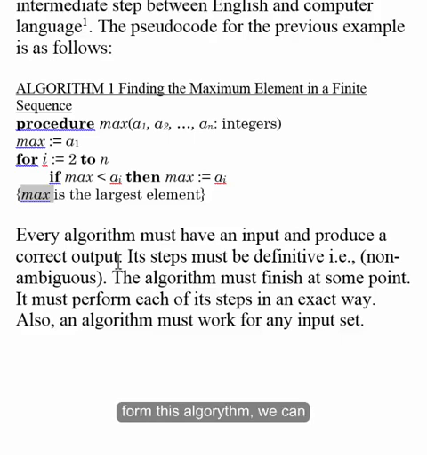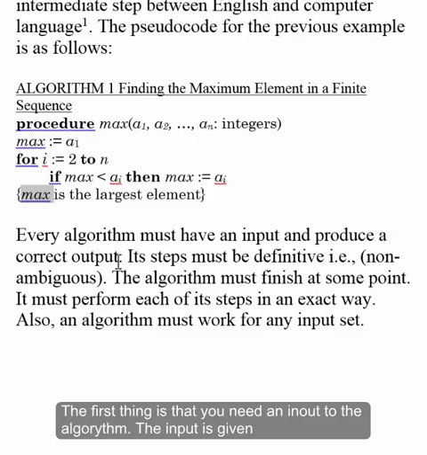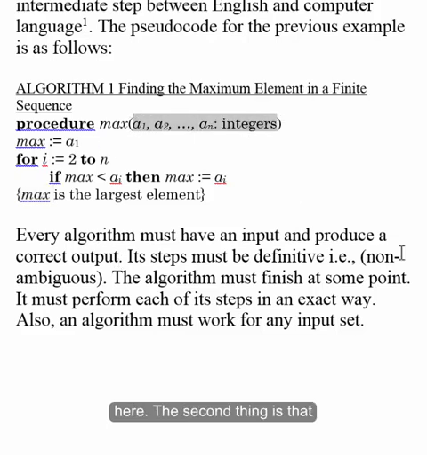Okay, so from this algorithm, we can identify some properties that are generalized for every algorithm. The first thing is that you need an input to the algorithm. The input is given here.